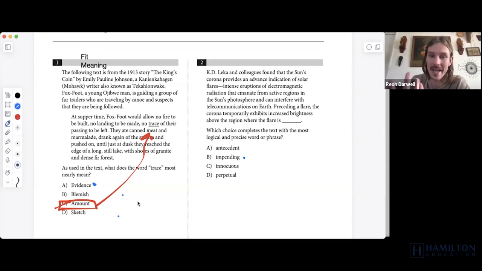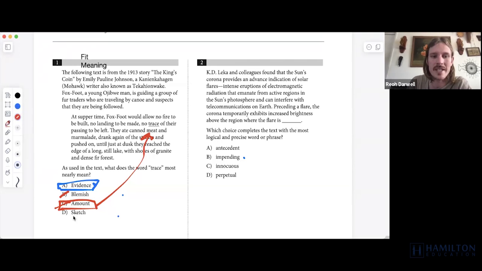All right. In this instance, what we're looking for is to say no clear sign. We're looking for a sign that their passing had been left. So evidence and sign can mean the same thing here, okay? We're not talking about sign like a stop sign. We're talking about sign as in some evidence or something that demonstrates that they had been there, all right? Blemish doesn't work. No blemish of their passing. That doesn't really make sense. Blemish is like an imperfection.